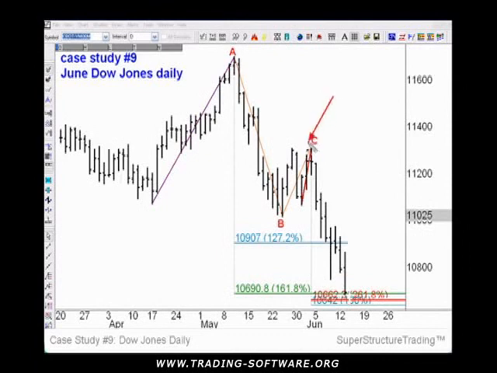Double top extension, second high higher than the first, leading to an extreme calculation. That's the supporting double top, supporting this ABCD measure move. This ABCD is the dominant measure move. We're using the 100% of the dominant measure move because we have a very good support in the extreme calculation of the double top.